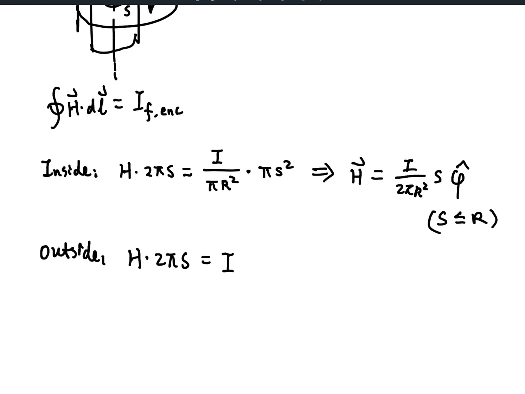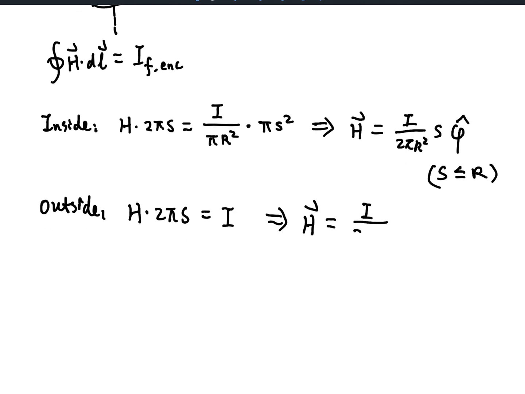You can easily see it's just I. So from here you can see that H is just I divided by 2 pi s, phi hat. This is the case for s greater than r.